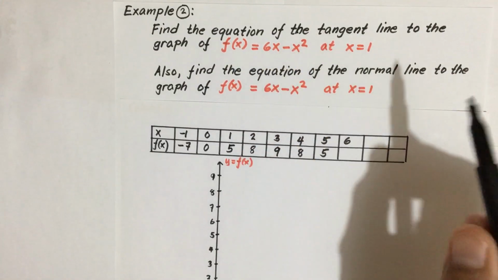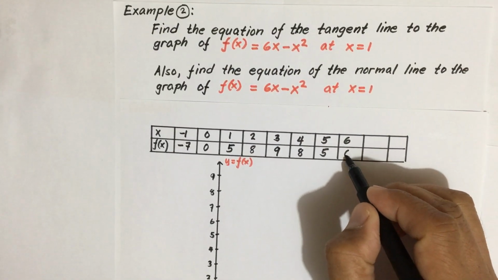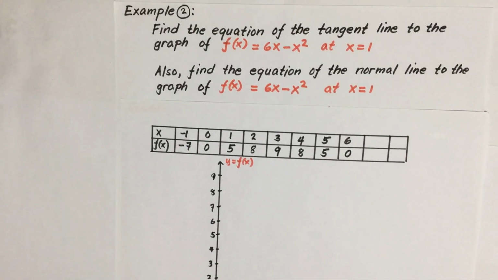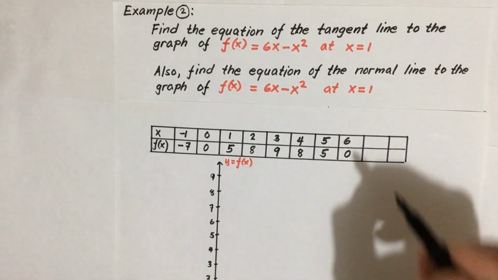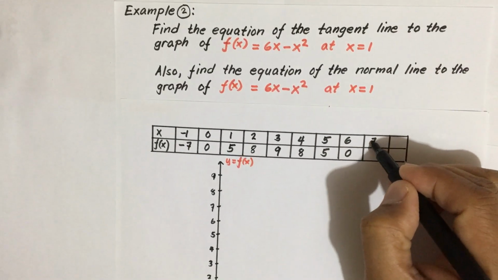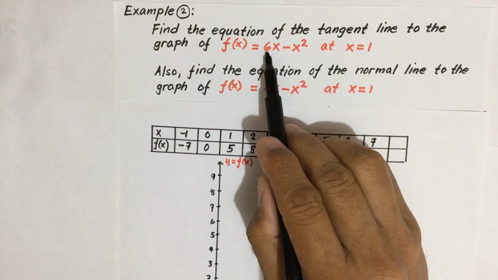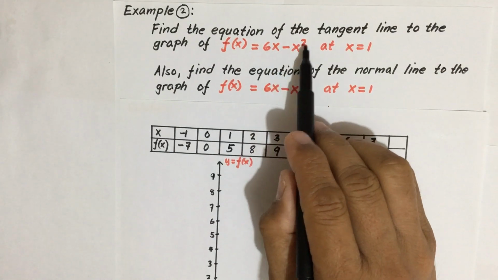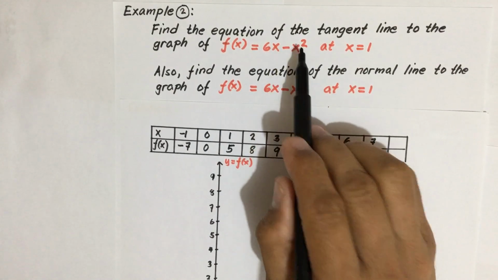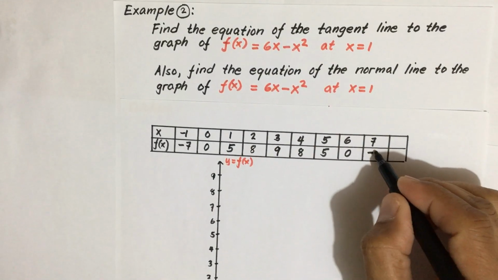So 36 minus 36 is equal to 0. And when x equal to 7, so 6 times 7, 42, minus 7 squared, 49. So 42 minus 49 equal to minus 7.